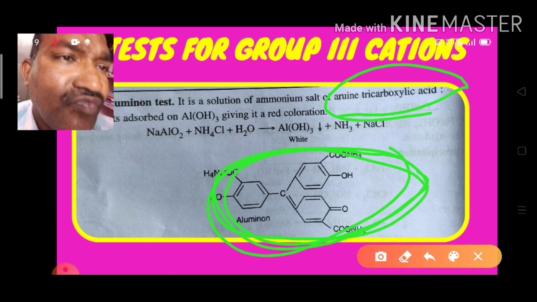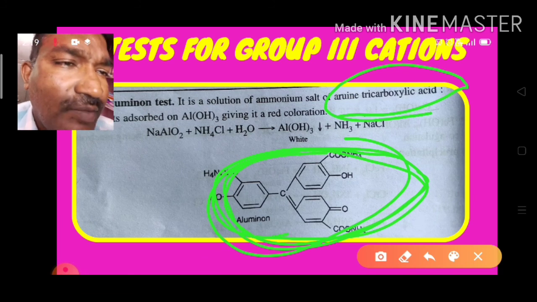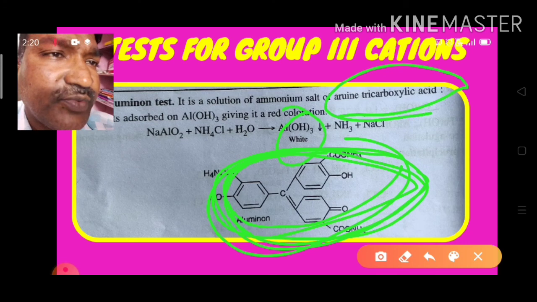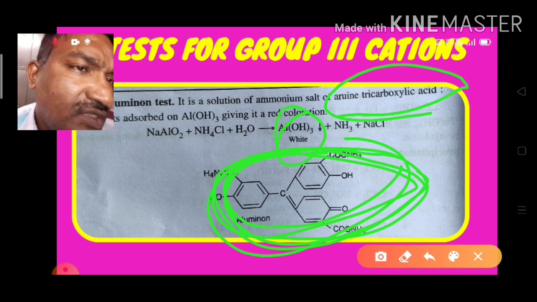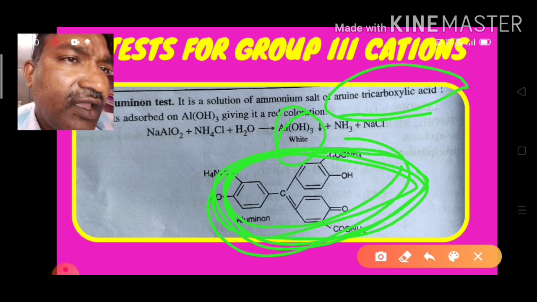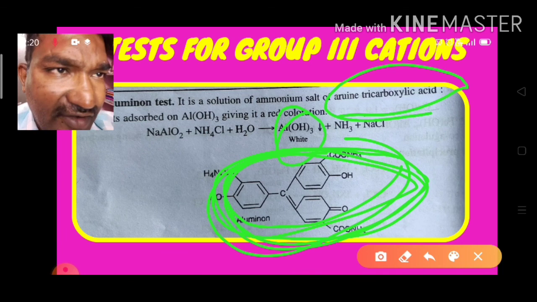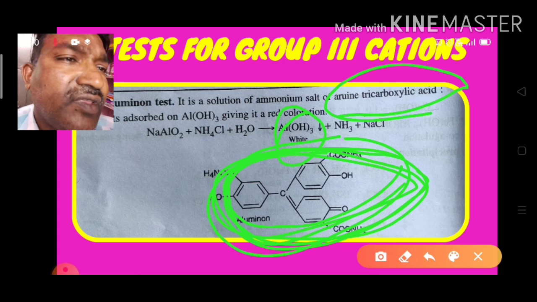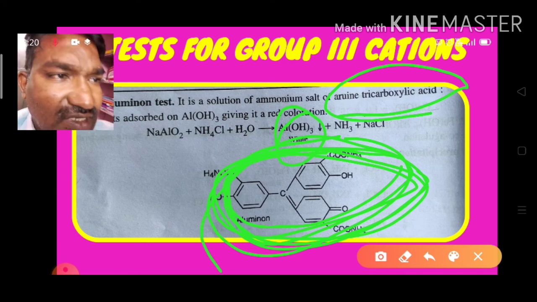This pigment or dye is adsorbed on the white color precipitate, and due to the addition of this color we get a red coloration. So this helps in the identification of the aluminium +3 ions.